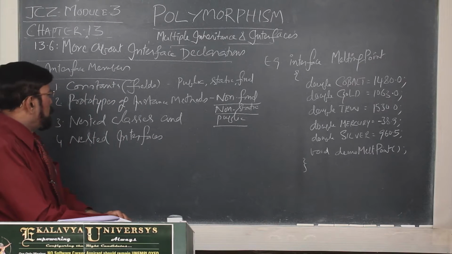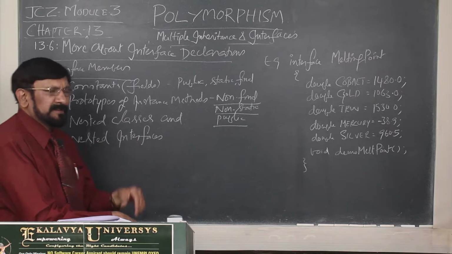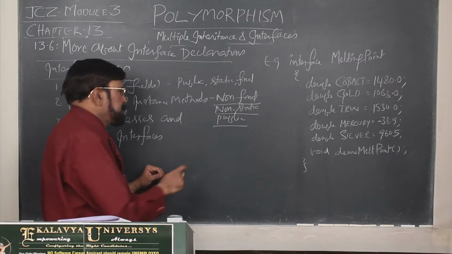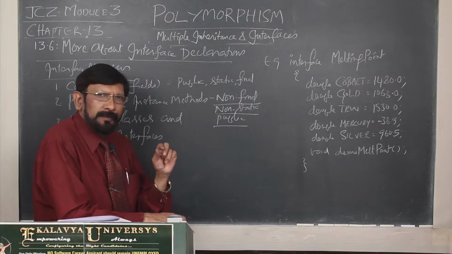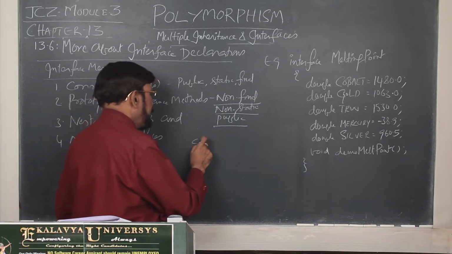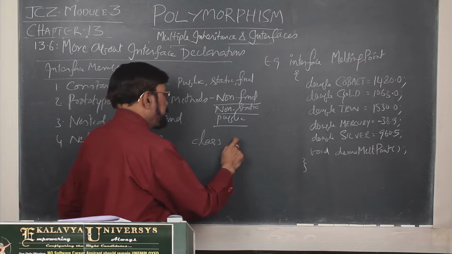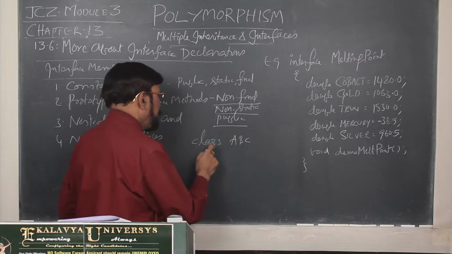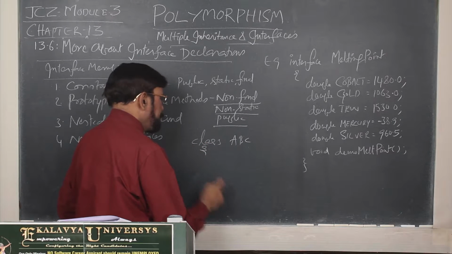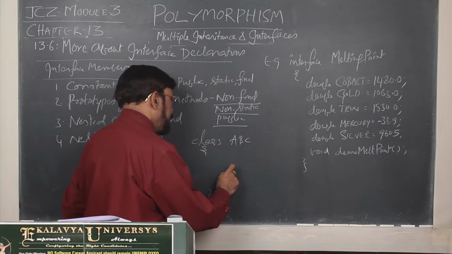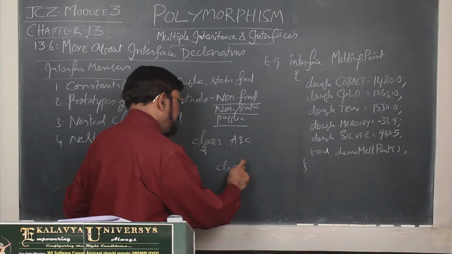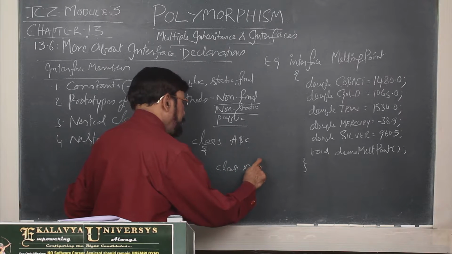And which more? Nested classes. Nested classes, in the next chapter we will have a discussion on this in detail. Suppose this is a class ABC, and within that another class definition is allowed.